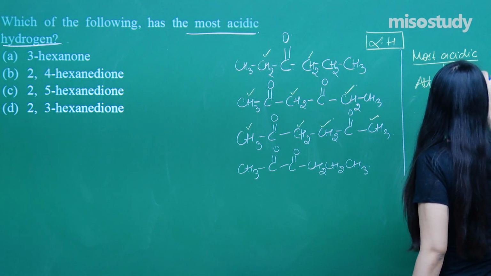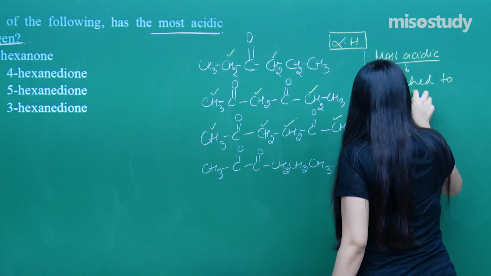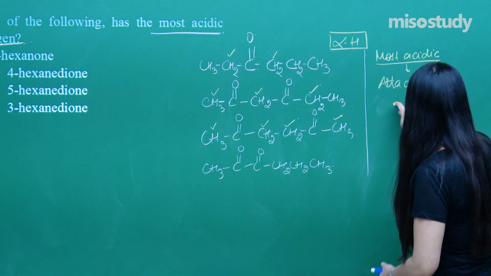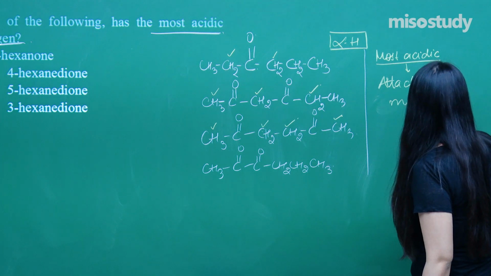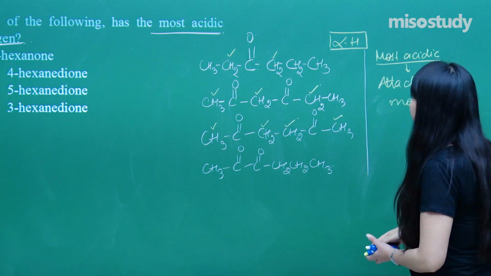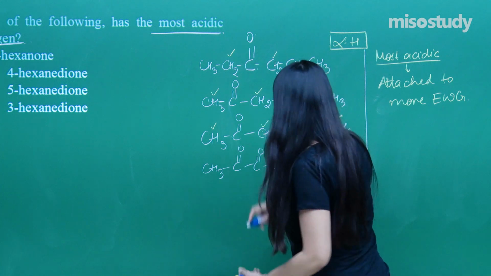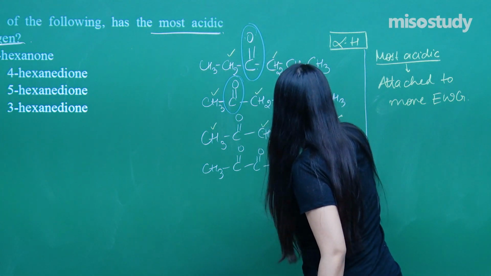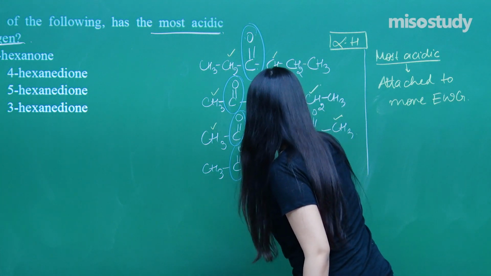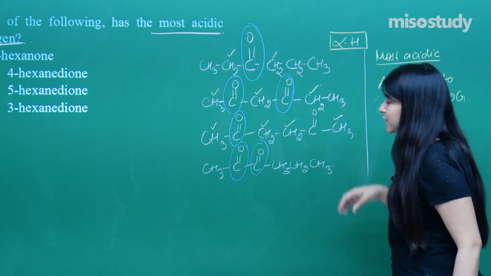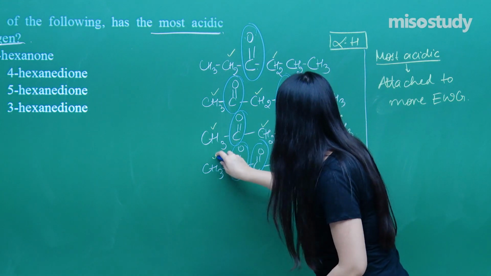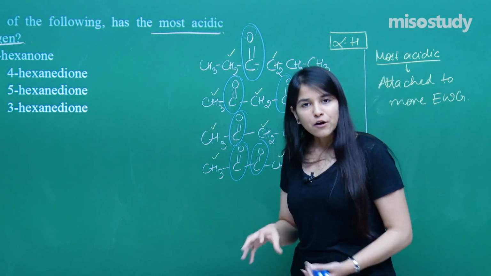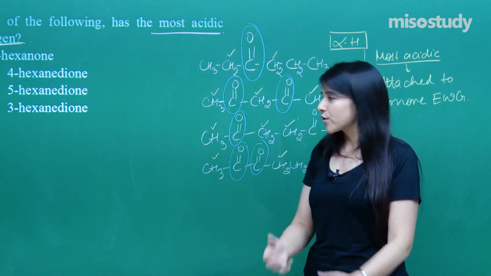So here what are the EWGs? We have the carbonyls, electron withdrawing groups. So it's very much evident. I hope you all have got which are the acidic hydrogens, that means the alpha carbons. Now the one which is attached with the most withdrawing groups.